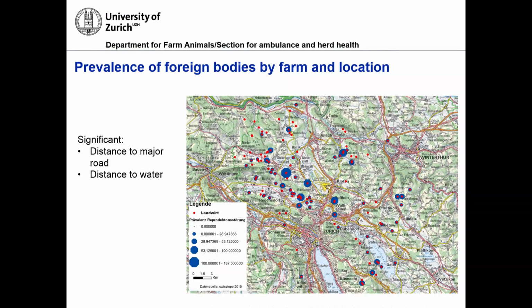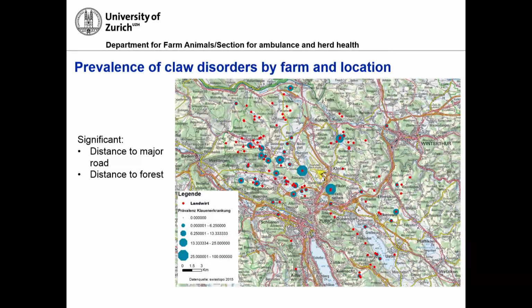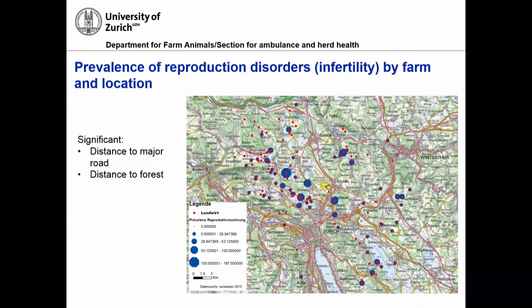So now, if we look at the maps, we see the prevalence for foreign bodies was significant for distance to major road and to water. The claw disorders were significant for distance to major road and distance to forest.